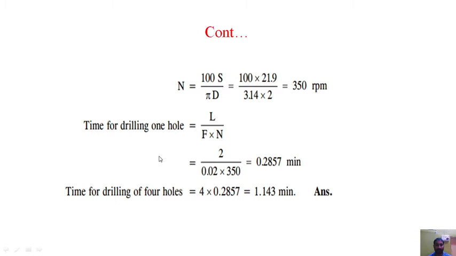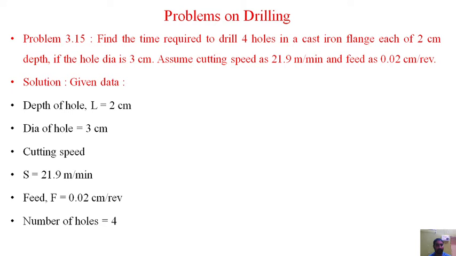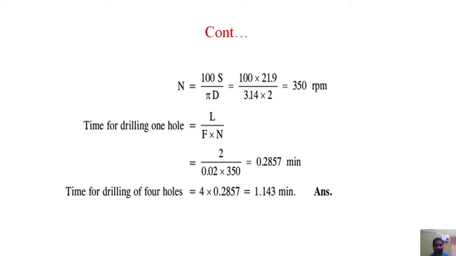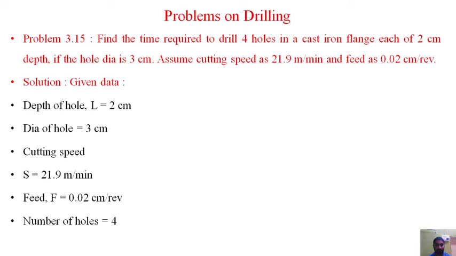So substitute here. The time for drilling is length divided by feed into N, where L is the length of the drilling, or depth of the hole, which is 2 centimeter. So here is some mistake in the problem.